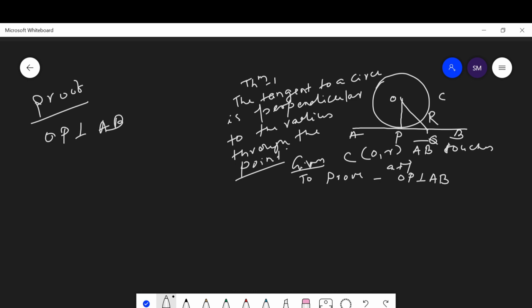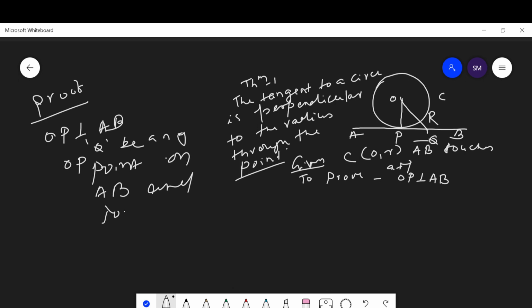Then let Q be any point on AB and join OQ, which intersects the circle at R.